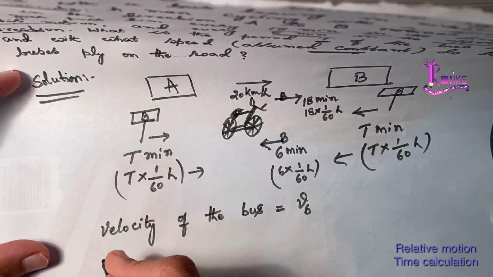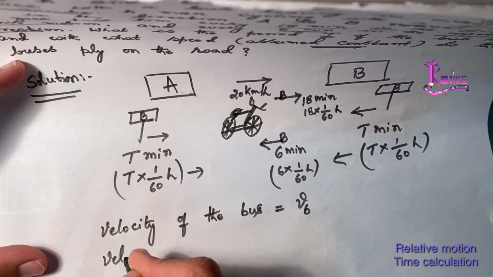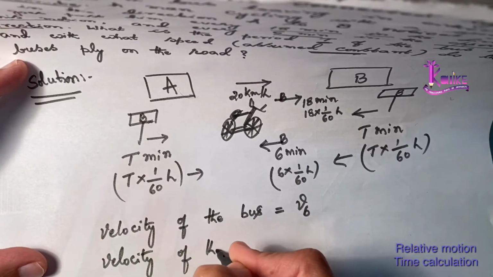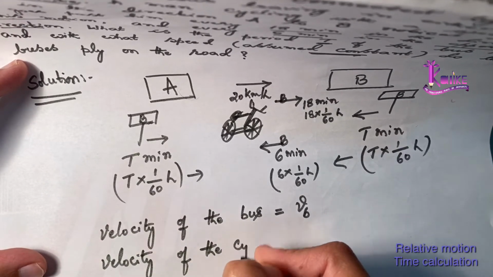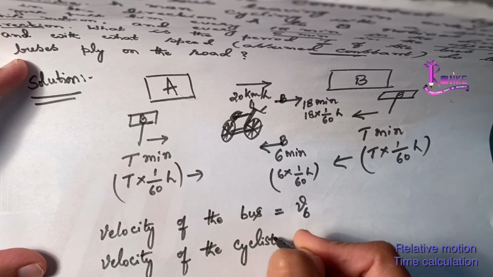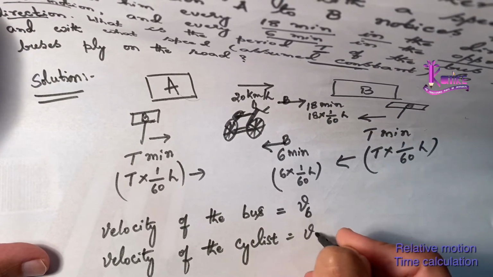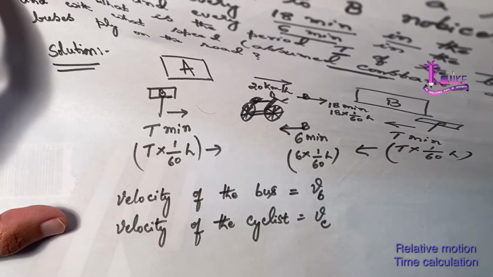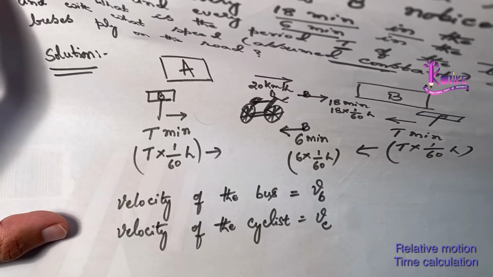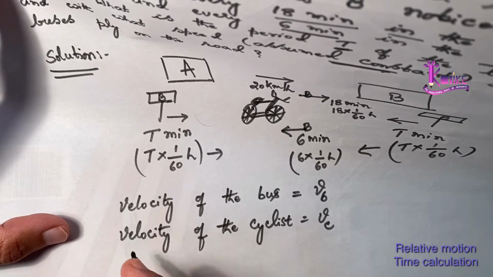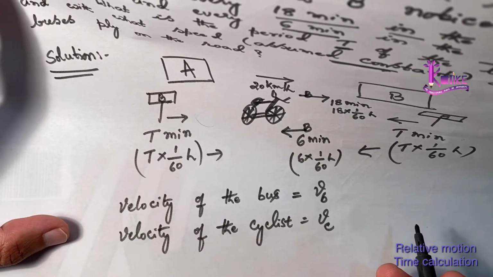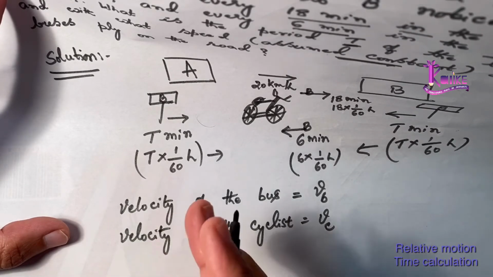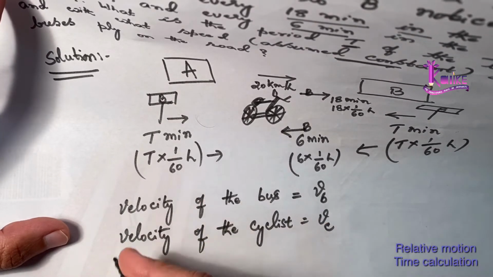Okay, similarly the speed of the cyclist, let us represent it by VC. Okay, now what is the velocity of the buses that are moving in the direction of the cyclist? That is relative velocity, because the bus is also moving and the cyclist is also moving.